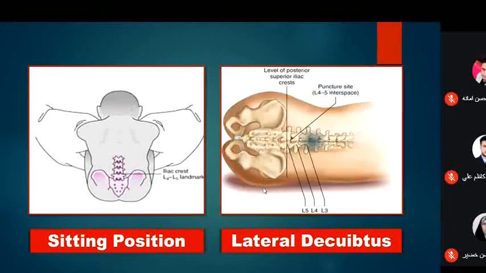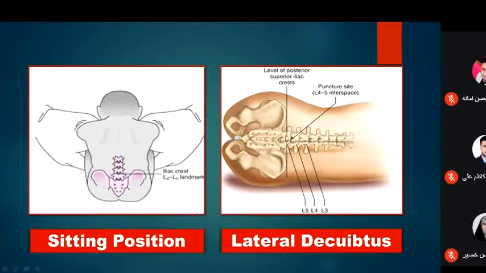So we have the sitting or lateral decubitus, and how do we detect the landmarks to reach the intervertebral space that we insert the needle into? The landmark is the level of the posterior superior iliac crest, which is at the level of L5.